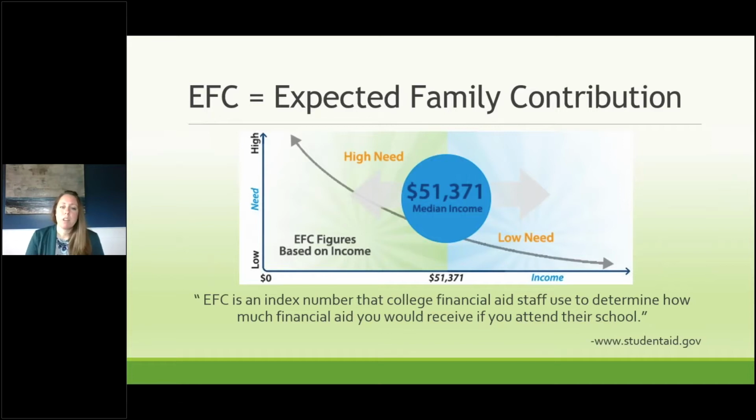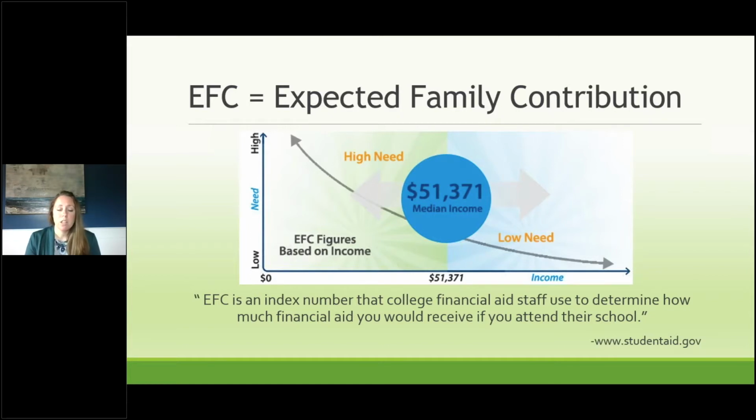All right, so moving on to another common term that you will see in financial aid award letters is EFC, or the expected family contribution. The EFC is calculated when the student does their FAFSA.